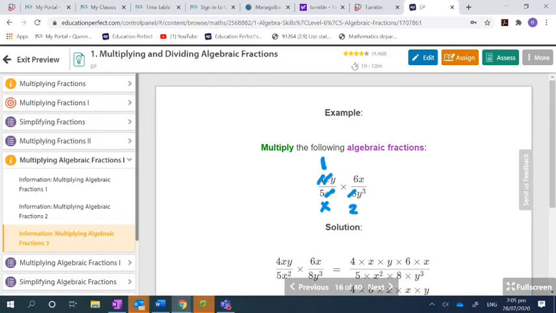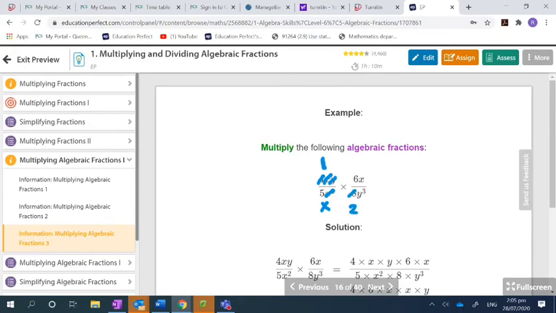What's the next factor in the numerator? y. Is there a y anywhere in the bottom? Yes. In the top I have a y, and in the bottom I have y to the third. Which one's the smallest? y. So the most I can divide out is a plain old y. If I divide y by itself, what's left? 1, but I already have a 1 written there, so I don't need to write it.